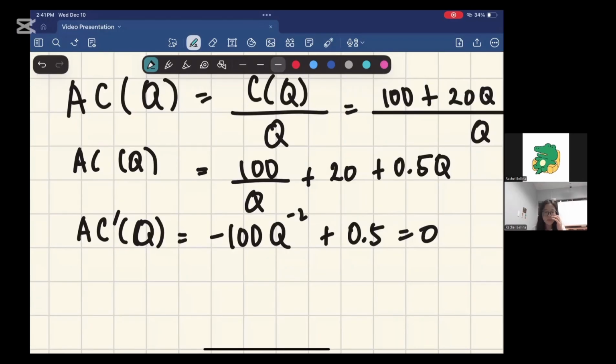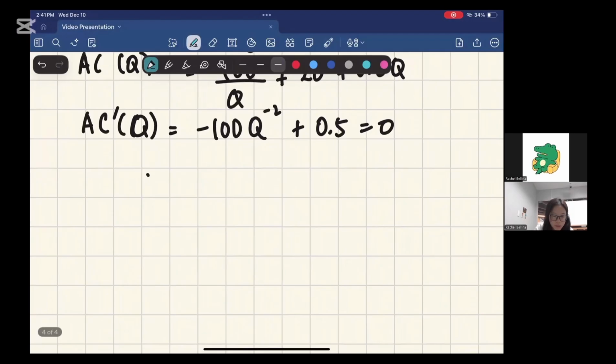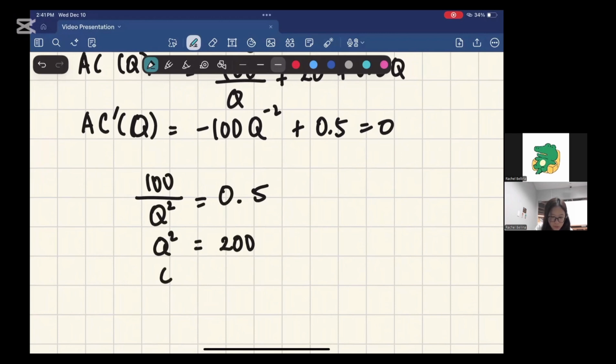Now we need to rearrange this into 100 divided by Q squared equals 0.5. And Q squared is 200, so Q is 10 root 2.